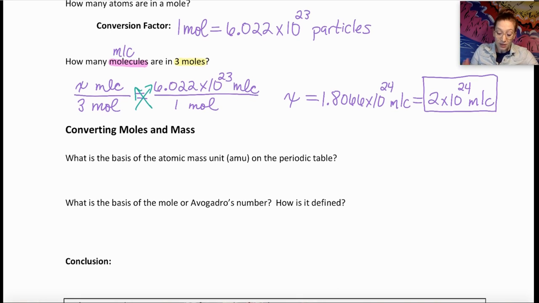So the basis of the atomic mass unit, which when you are looking on a periodic table, that's the value you'll see for mass on the periodic table. This is also based on carbon-12. Again, we're going to get into this in more detail a little later on. So the basis of the atomic mass unit is that it's 1/12 of the atomic mass of carbon-12.